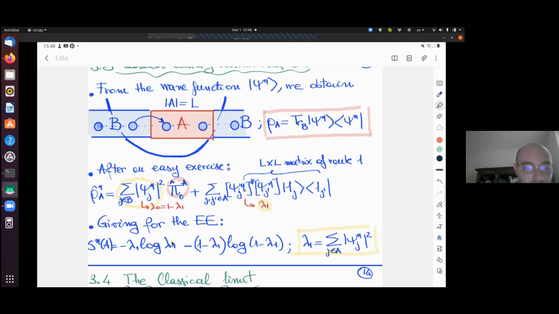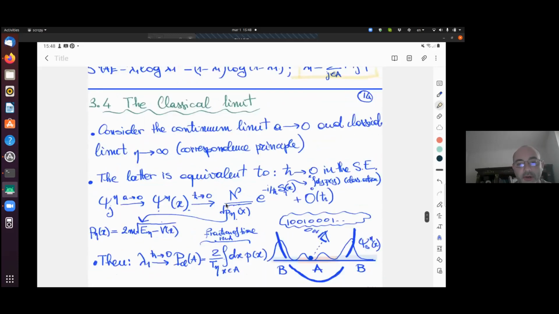Well, okay, 1 minus lambda 1 will be the probability to find the particle outside. Then at this point we can calculate the classical limit of the entanglement entropy in two steps. First, we take the continuum limit, A goes to 0.